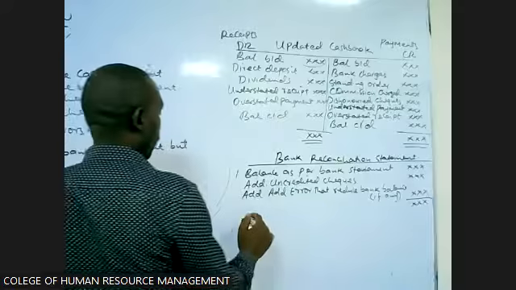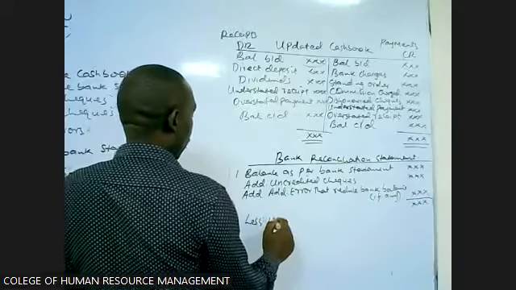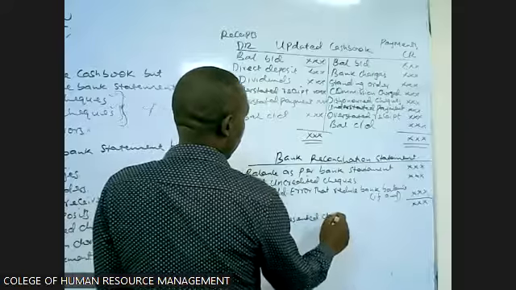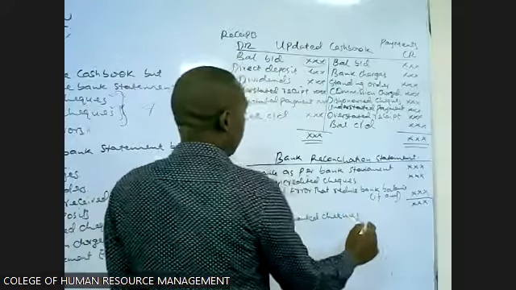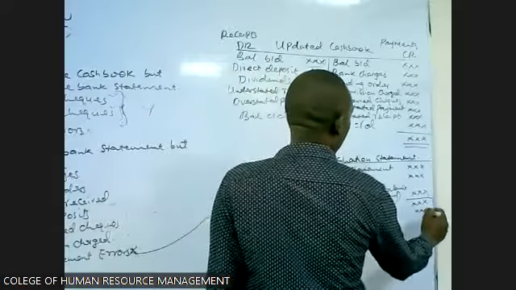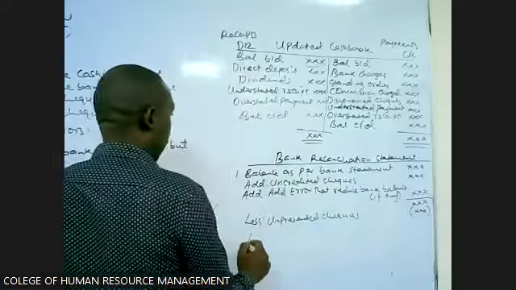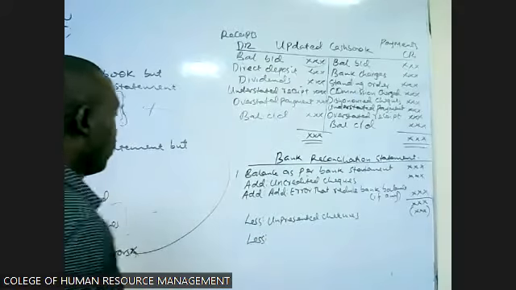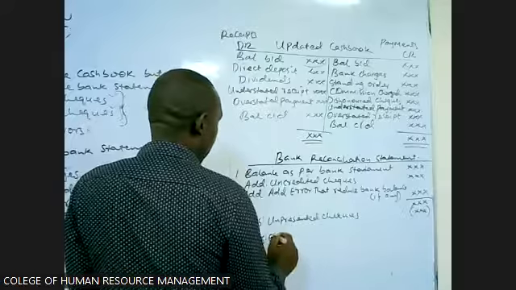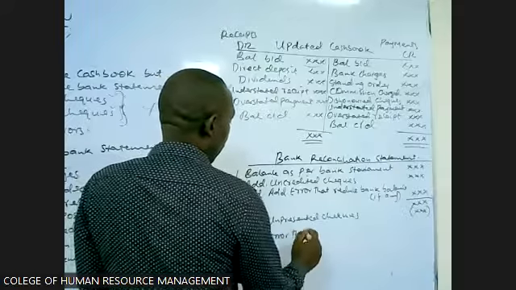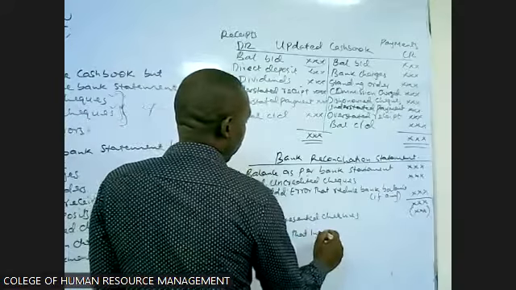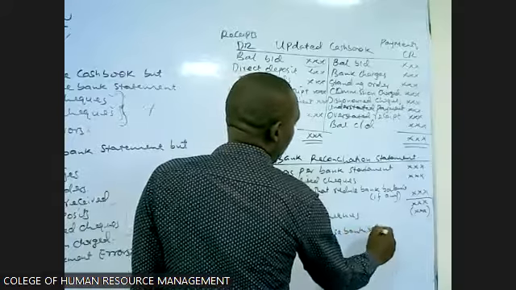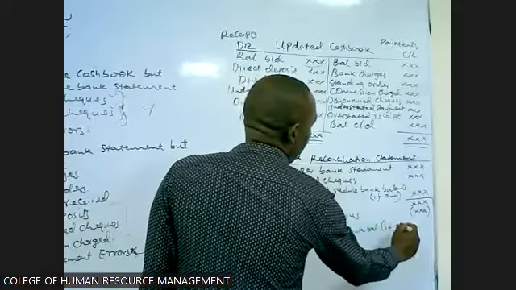Then you subtract the unpresented checks. Then if there is any error that increases your bank balance, you subtract it, but if any.